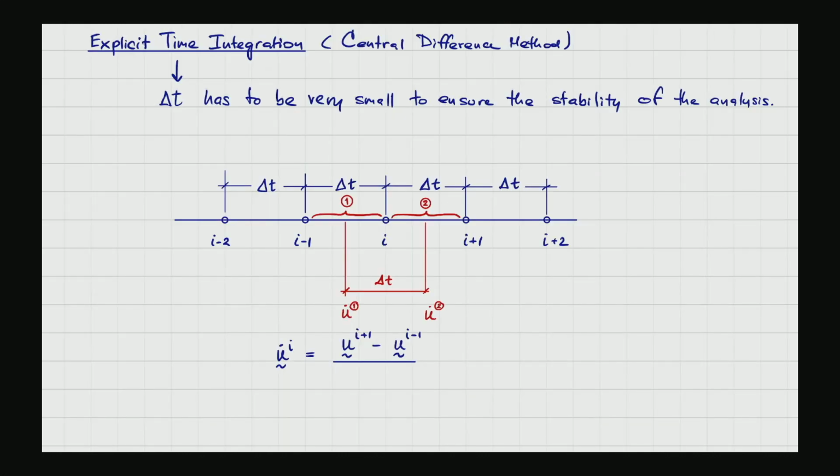So we take the displacement here minus the displacement here at this point, divide by the time, which is 2 times delta t.